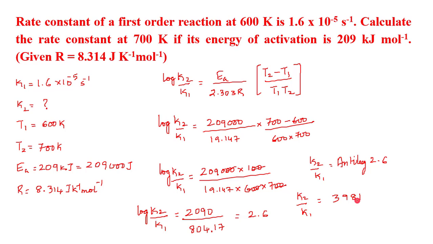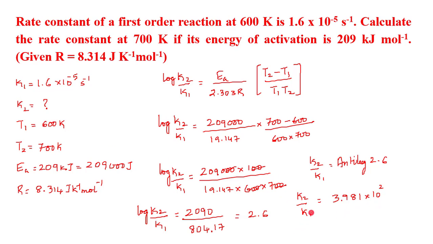You will be getting 3981. After the first number, place the decimal point, and take the remaining part as the power of 10. It will become 10 raised to 2. So K2 by K1 equals 3.981 into 10 raised to 2. K1 value is given to you.